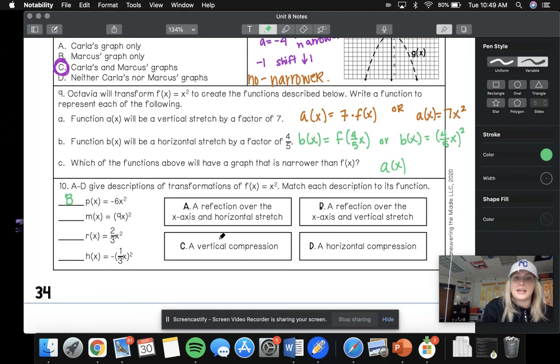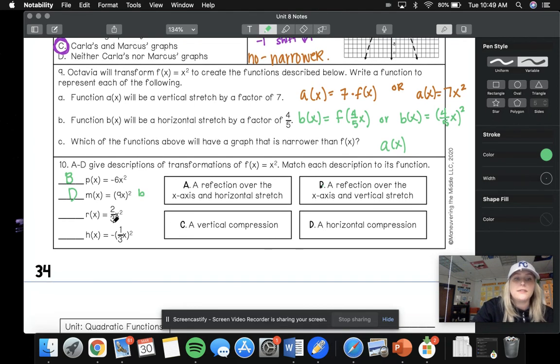So it'll be a horizontal compression, because it has a b value, not an a value. R of x equaling 2/3 x squared, so the number is out in front, so it should be a vertical something. And if it's less than 1, I am vertically smushing it, so I'm making it wider, so it is a vertical compression. And then this one, I see a negative, so it means it has to flip over.